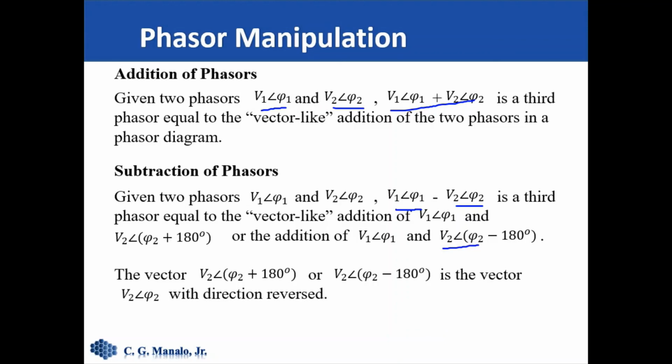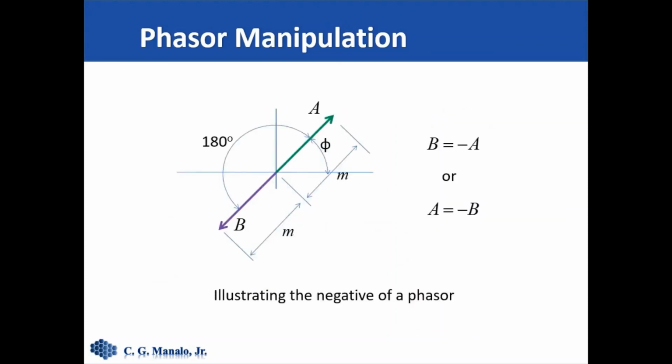That can be done by adding or subtracting 180 degrees on the angle of the phasor. So what is the negative of the phasor? Let's say we have phasor A here, and B is the negative of A. We simply take the opposite direction of A, and that should be the phasor B.